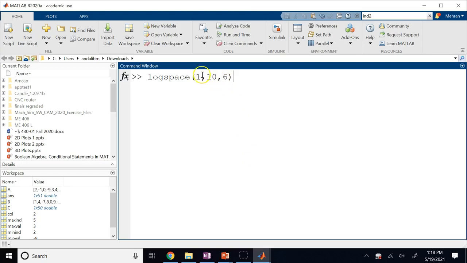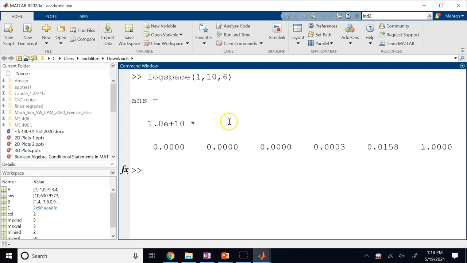So generate a bunch of data for me between 1 and 10, and I want 6 data points. Well, you expect this command to work, right? But you will be surprised. If you look at the numbers, the first number is 0, the next number is huge.